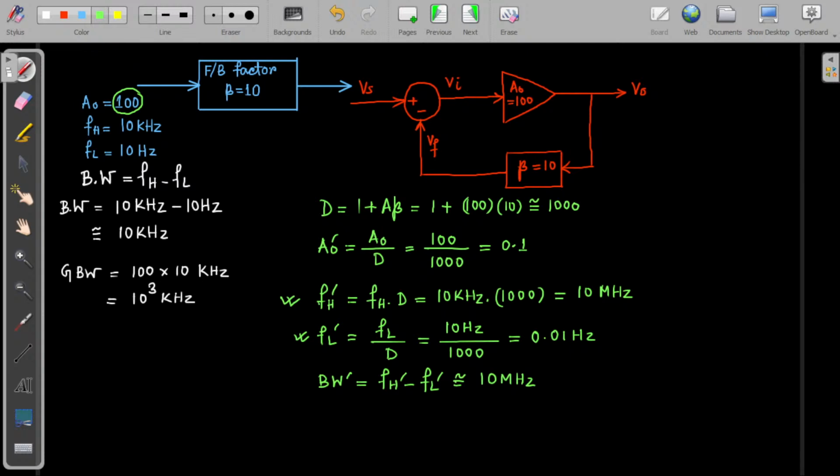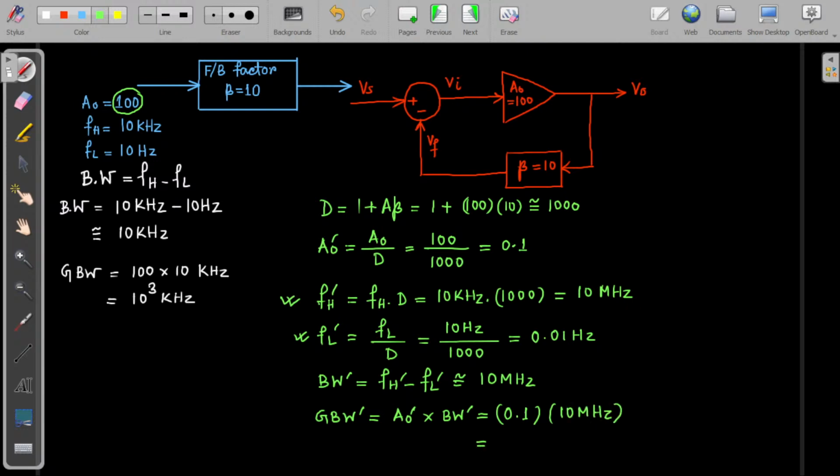So what will be the gain bandwidth product right now after feedback? After feedback, the gain bandwidth product will be bandwidth into gain. So that means A0 dash into bandwidth dash. A0 dash value is 0.1 and bandwidth dash is equal to 10 megahertz.